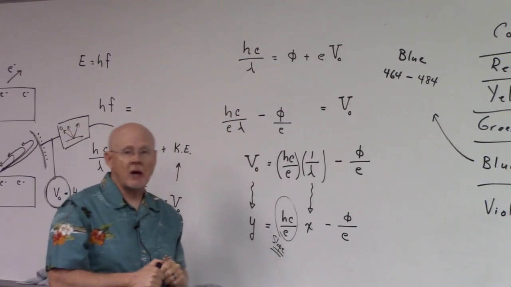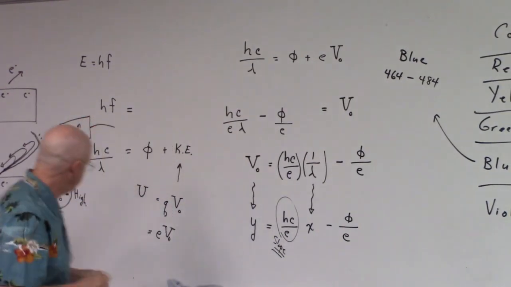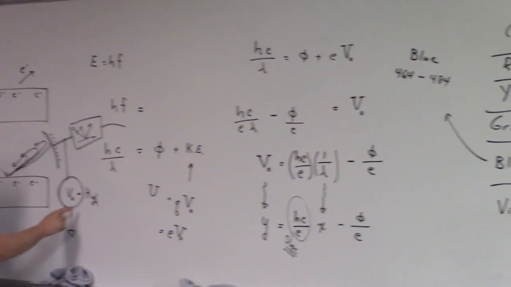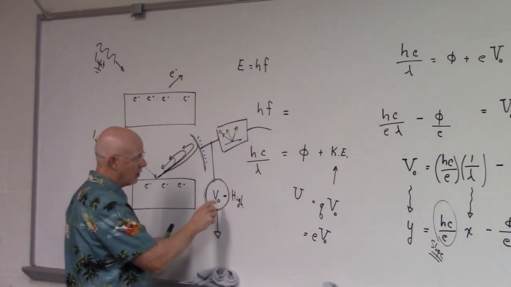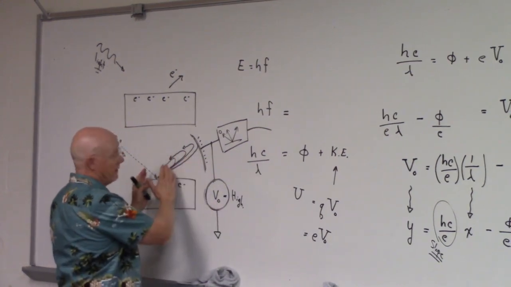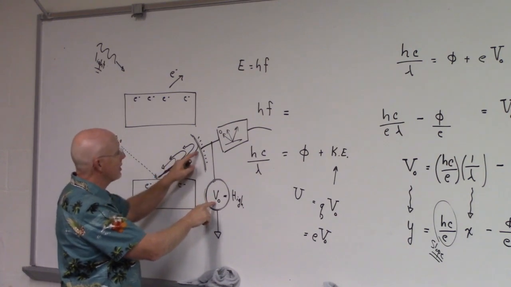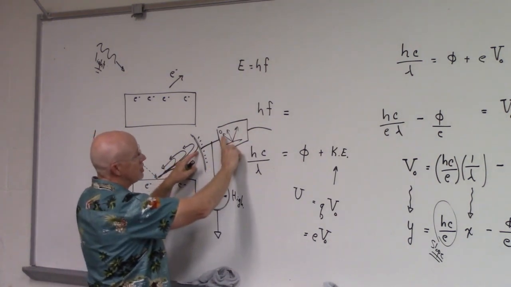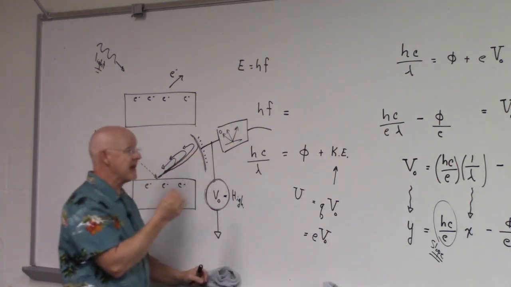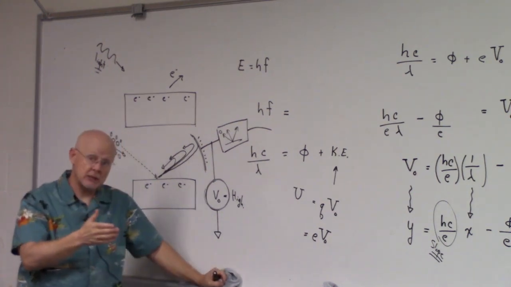And so that's why you'll see when I actually begin to run this experiment, I will start with the voltage, what I'll call too high. And it will stop all of them. And as I lower it down, I'll first start collecting, and then the needle will move up just a little bit. And what that tells me is the highest energy ones are just making it.